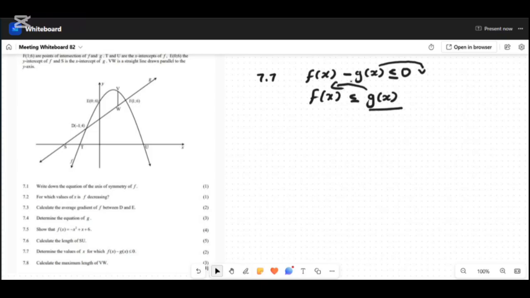When they say g of x is greater than f of x, they mean g of x is above f of x. When something is greater, it must be above. When you have a big brother, he's above you in terms of age because he's older. So that's what we mean.